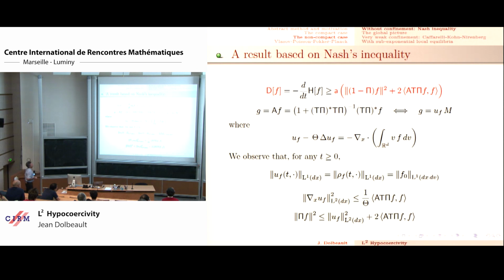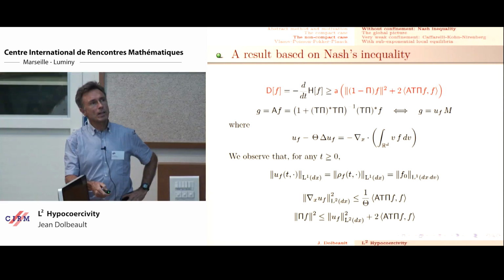Okay, so once you have this, you can use the equation which is here, there is no external potential, to get estimates that you can express in terms of this ATPF. You can also control the spatial density, but in terms of the L2 norm.